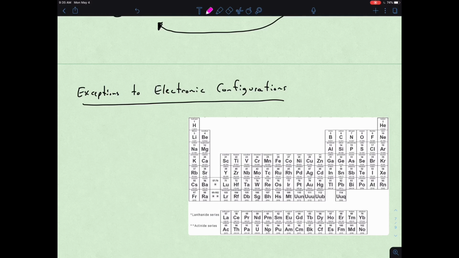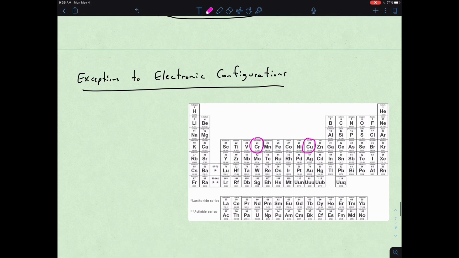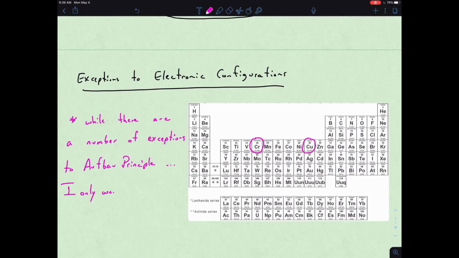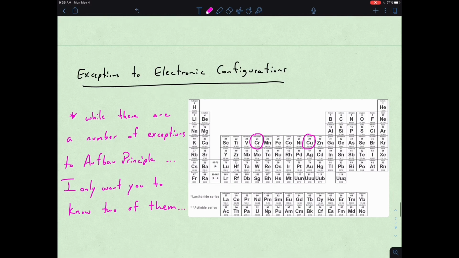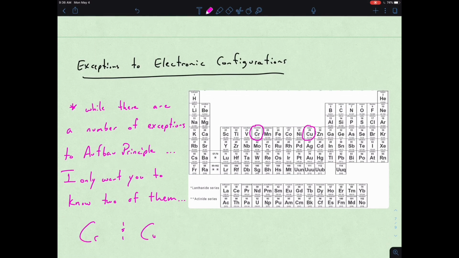And so the two that I want us to remember are chromium and copper.